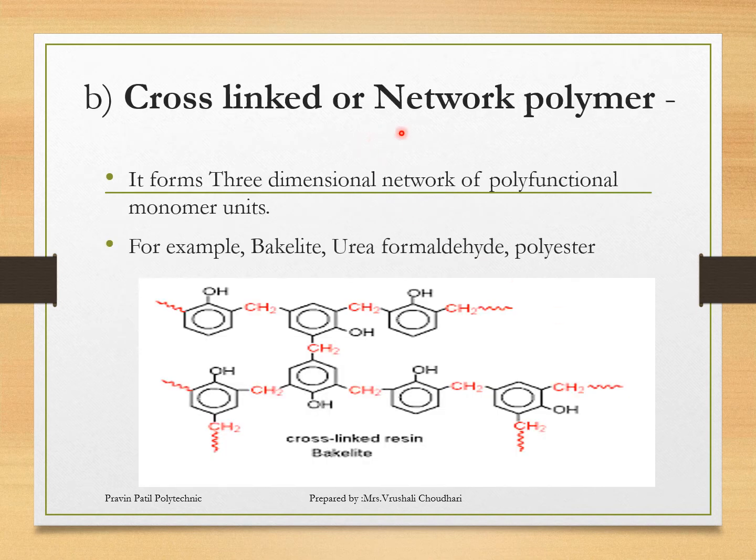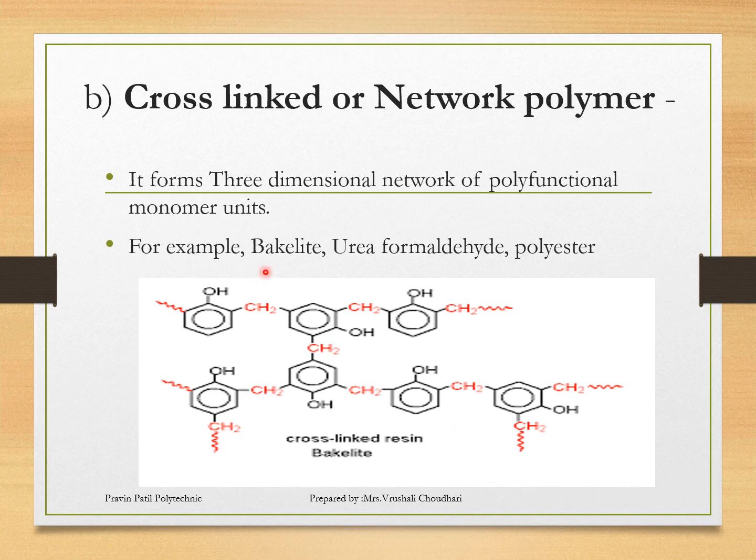Cross-linked or network polymer. It forms a three-dimensional network of polyfunctional monomer units. Here we will observe that monomers are not arranged in only one direction, they are arranged in all directions. So it will form a network, like a net.